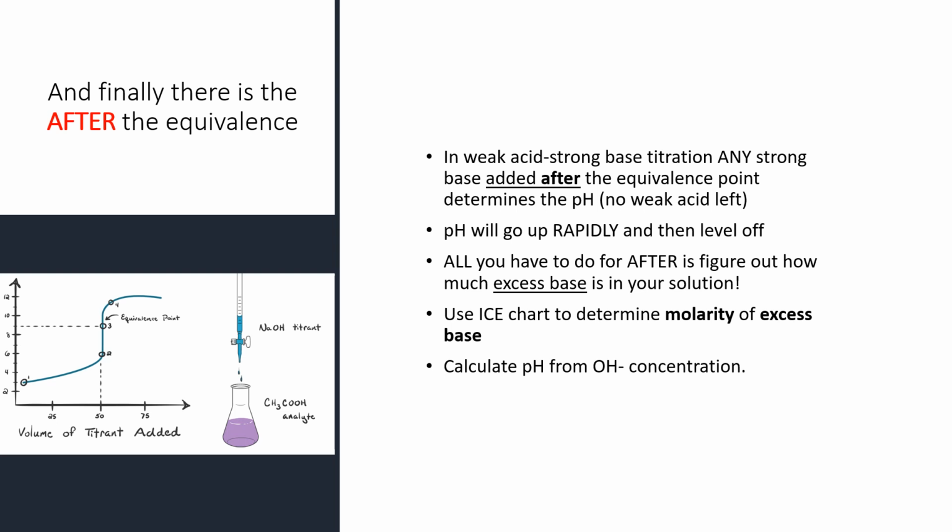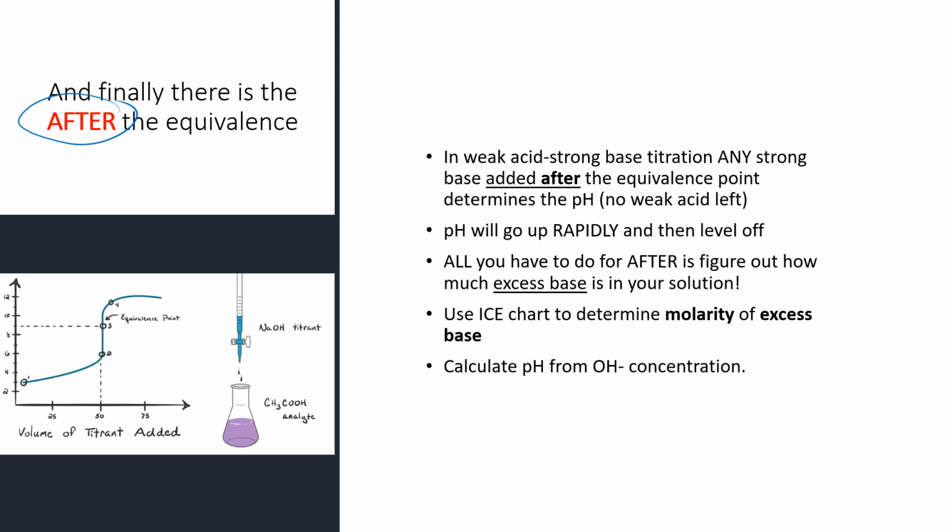After the equivalence, this is when, as already pointed out, weak acid has been consumed. It has been neutralized by strong base. That means the addition of any more strong base is going to dictate pH, because the solution has become increasingly basic very rapidly, and we can take the negative log of the OH concentration in order to ultimately get a pH.